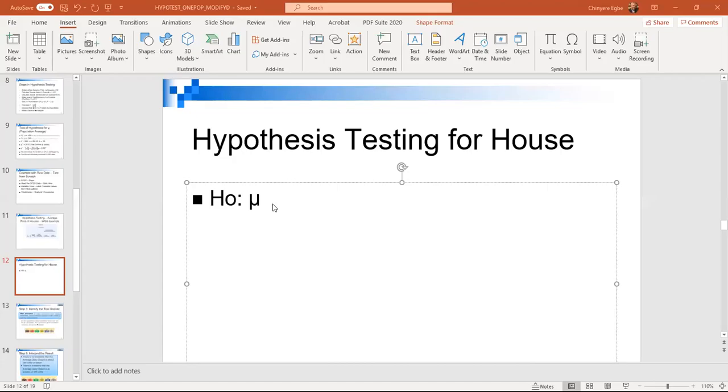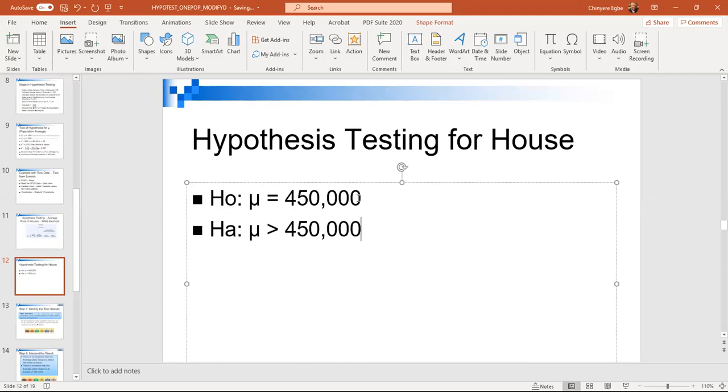Okay. The hypothesis was that mu is equal to 450,000. That was a null hypothesis. The alternate hypothesis is that mu is greater than 450,000.